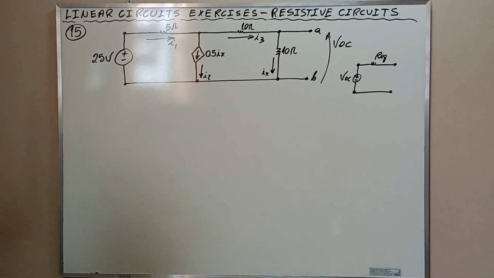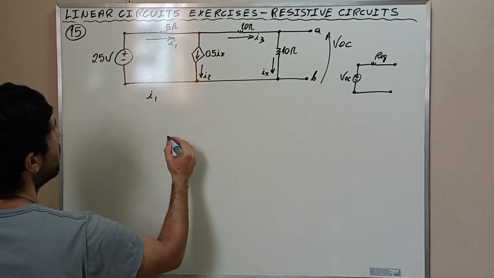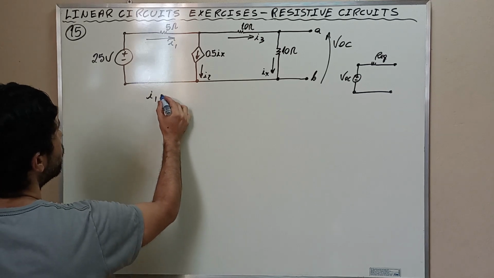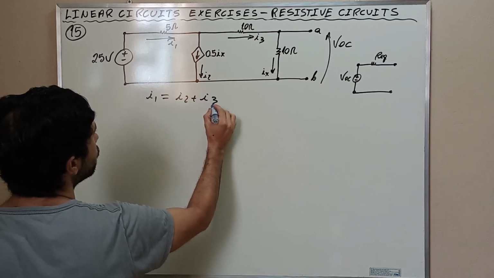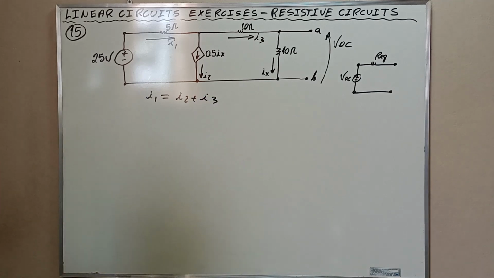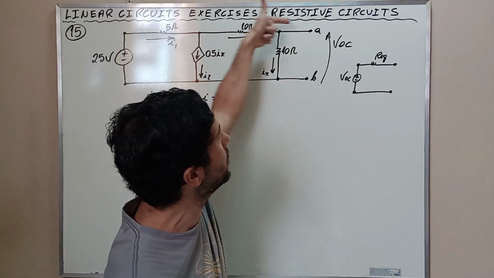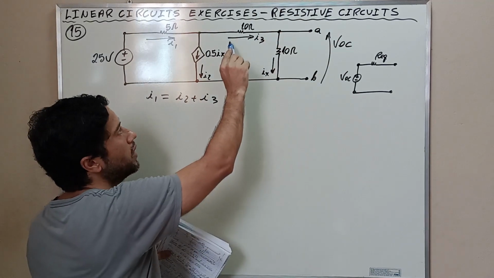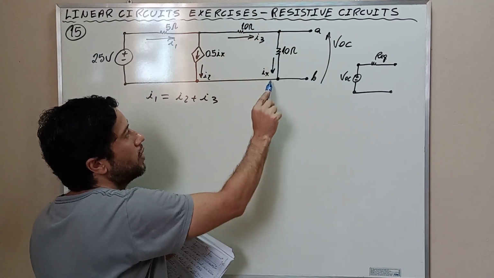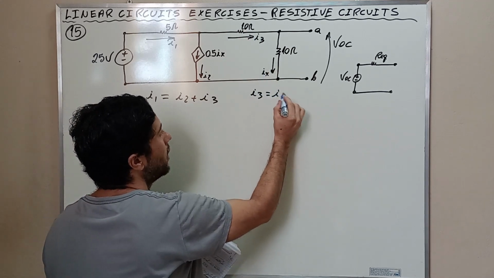All right, my friends, then we know that I1 is equal to I2 plus I3. And observe also that no current goes in that direction because it is open here, so I3 can only pass here. All right, then we know already that I3 is equal to Ix.